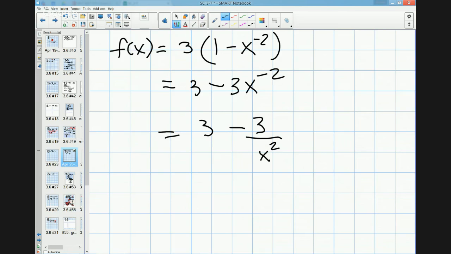And if we got a common denominator, you could think of a 1 being there. We could multiply what? Top and bottom by x squared, so that we'd have a common denominator here. Then it would be what? 3x squared minus 3 all over x squared.